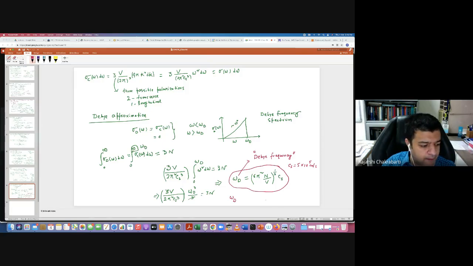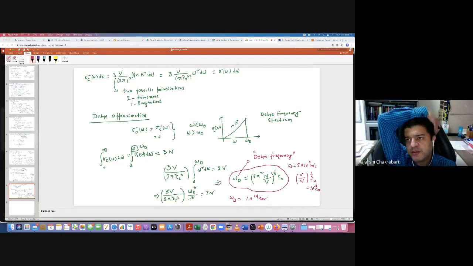And the mean separation, which is V by N whole to the power 1/3, is 1 angstrom, which is 10 to the power minus 8 centimeter. If you plot this, you'll get omega d as 10 to the 14 second inverse. V by N is volume divided by number of particles, whole to the 1/3, which gives you the mean separation, because the cube of that gives you the volume per particle.